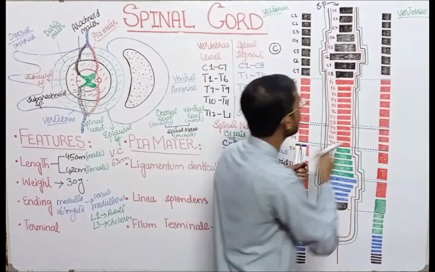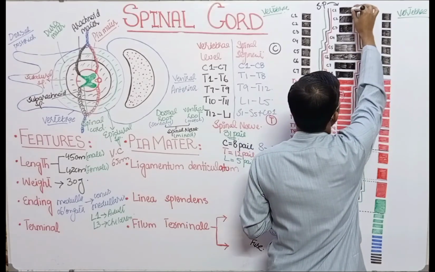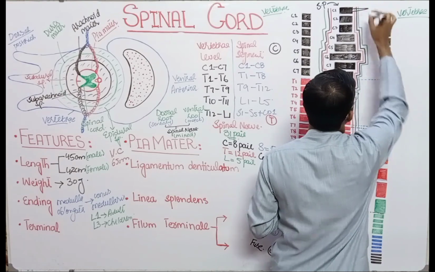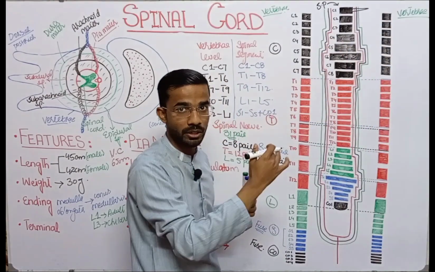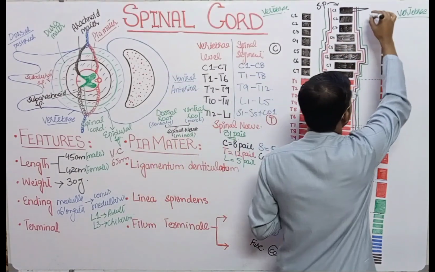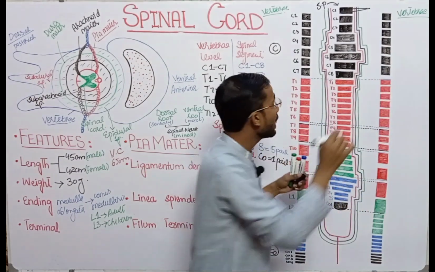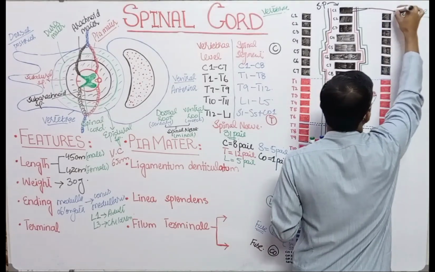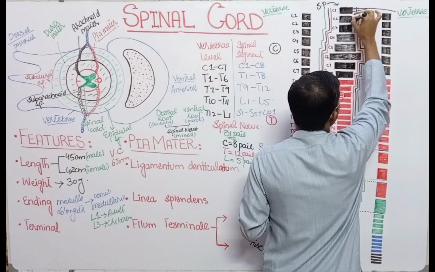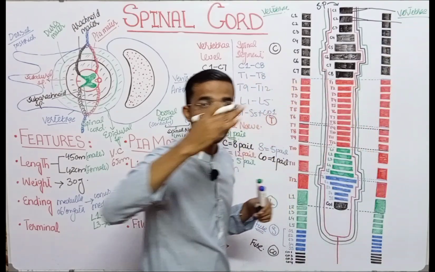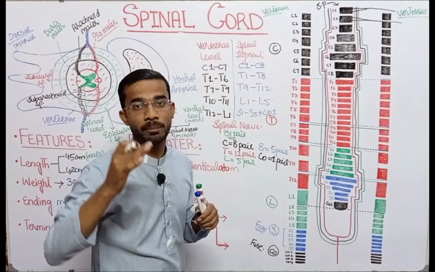The nerves arise from 2 parts, the dorsal root and the ventral root. When they combine they form a spinal nerve, and again you will see the dorsal and ventral roots, and it passes through the intervertebral foramen.